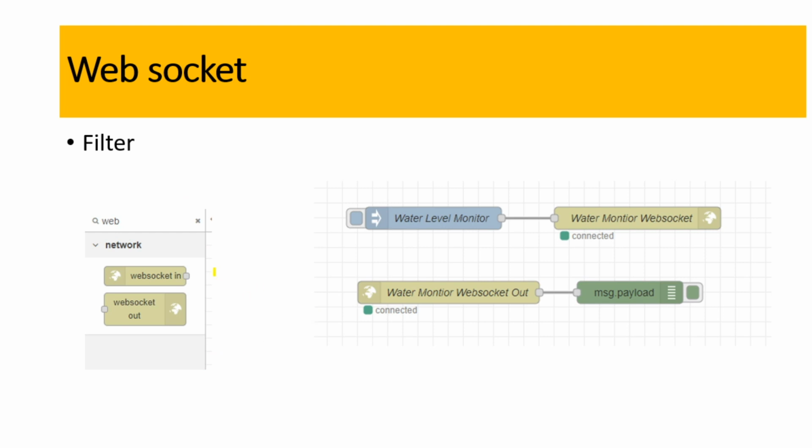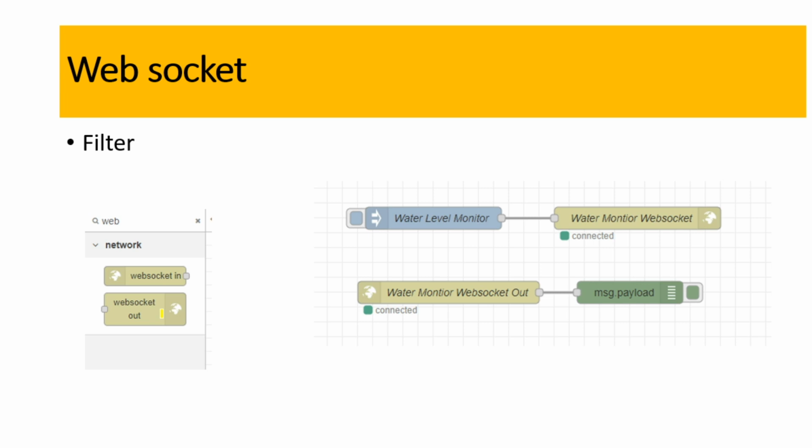If you want to identify the WebSocket, you can go and filter it. At the top of the node palette, there is a filter option. If you type web, then the nodes associated with web will be displayed here, so it will be easy for us to drag and place the required node.